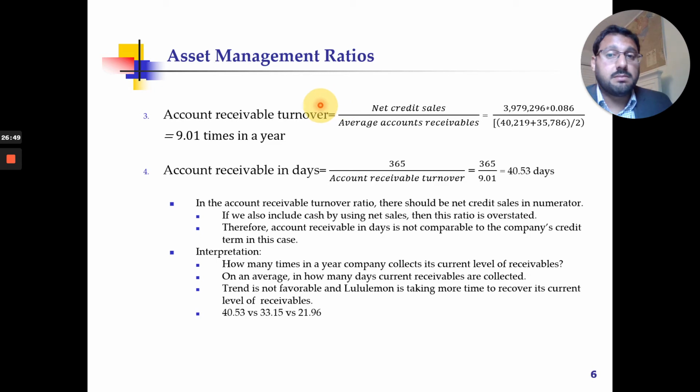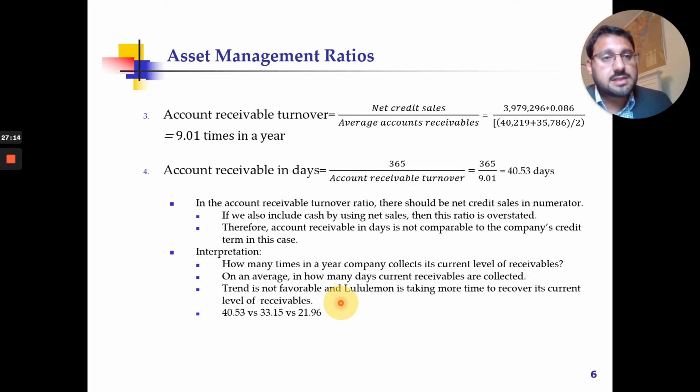So in general, the strategy is working. They are actually giving generous credit terms to their customers in order to increase their net credit sales. They are not able to get the same results, but by this 40.53, it clearly means that they are delaying their receivables.